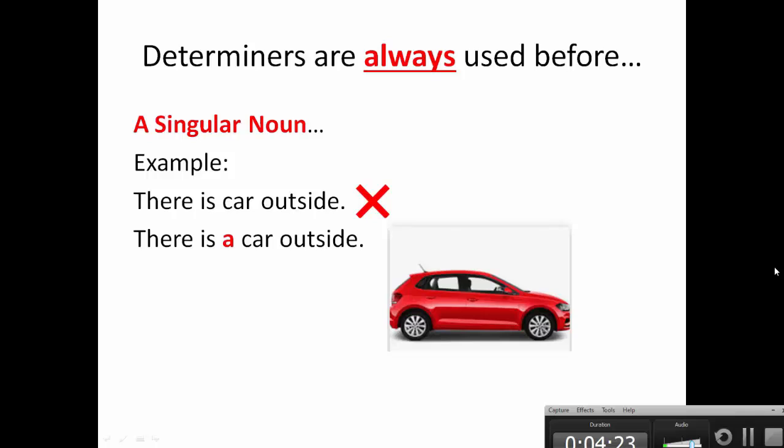The correct statement would be, there is a car outside. Why do we need to have the word a? Car is a noun. So we need to have, there is a car outside.